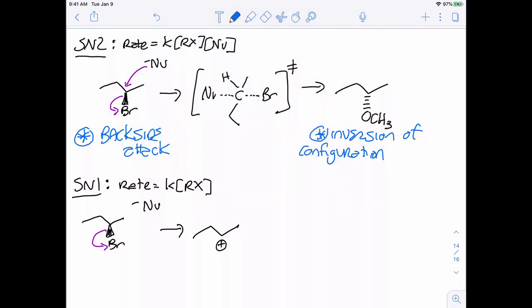That's important for our stereochemistry. So we have a planar carbocation intermediate. Do watch for rearrangements though. We said in our last video that if you can make your carbocation more stable, that happens. So watch for carbocation rearrangements.